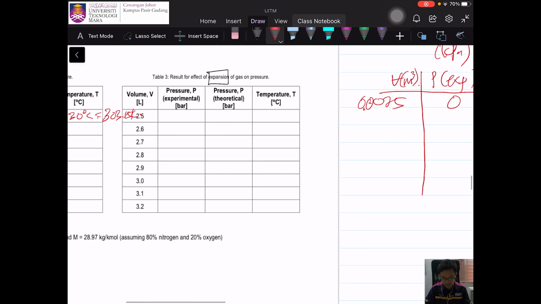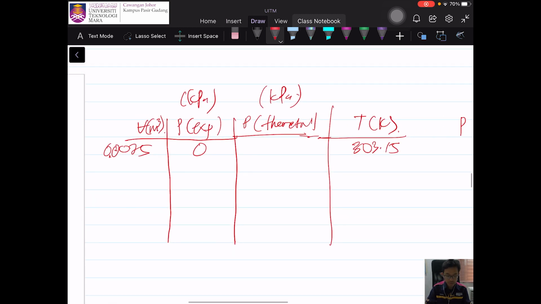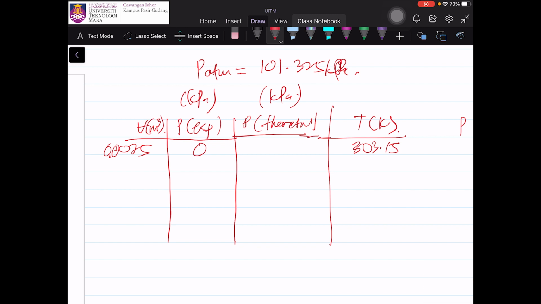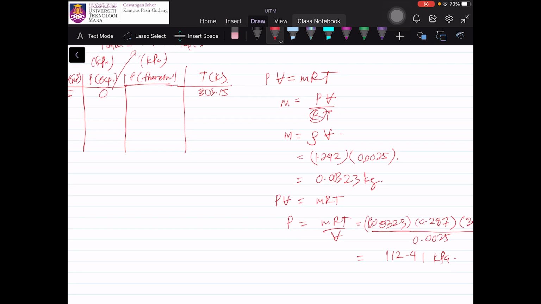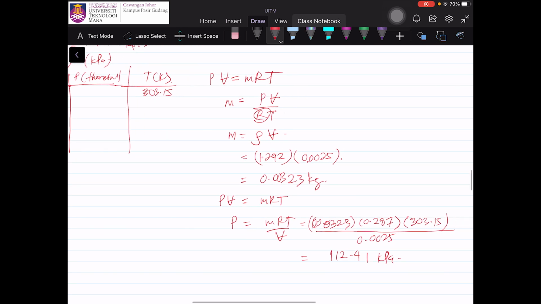Let's say the atmospheric pressure P atm is 101.325 kPa. If you get the value as 0 kPa here, you need to add 101.325 to get the absolute value, and then you can compare the theoretical and experimental pressure.